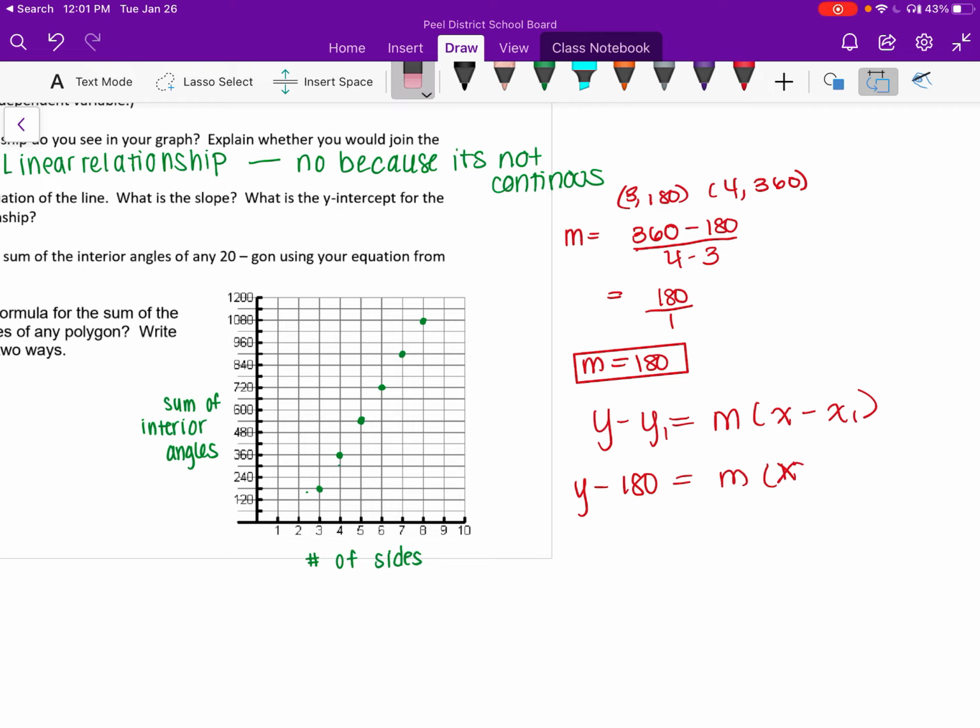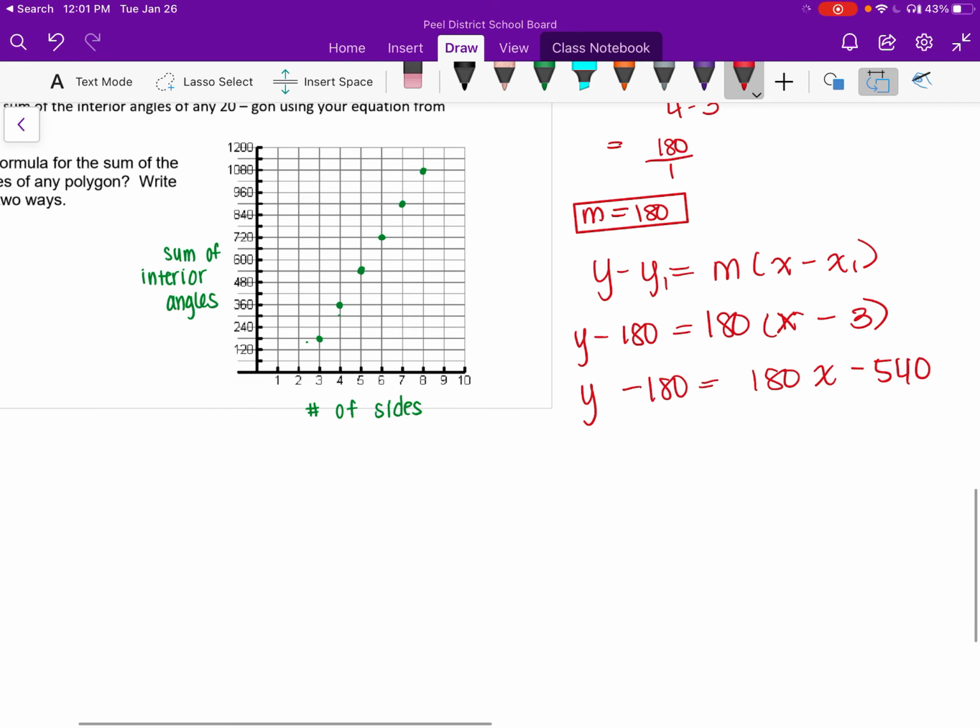My m was still 180. This is the point 3, 180. So y minus 180 equals 180 times (x minus 3). Let's do 180 times 3, which is going to be 540.